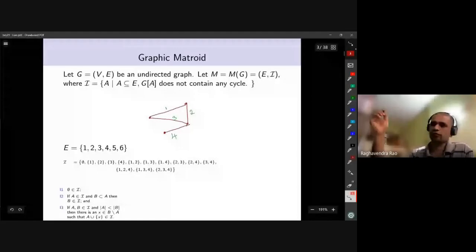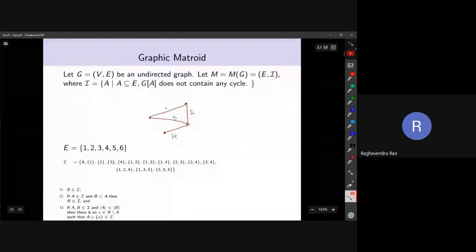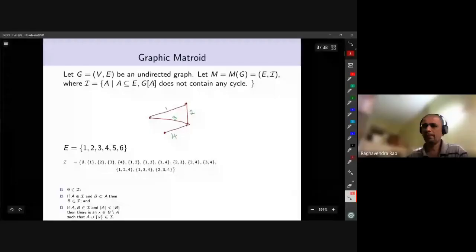The set of all edges is the ground set. An independent set is a subset of edges such that the corresponding graph does not contain any cycle, that is, these edges do not form a cycle. So all acyclic subgraphs.